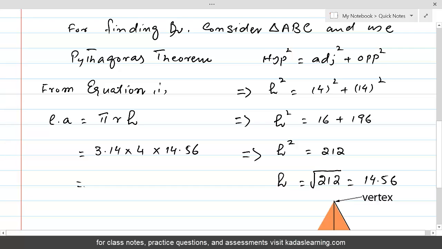When we multiply these values, what we get is 182.87 square centimeter.